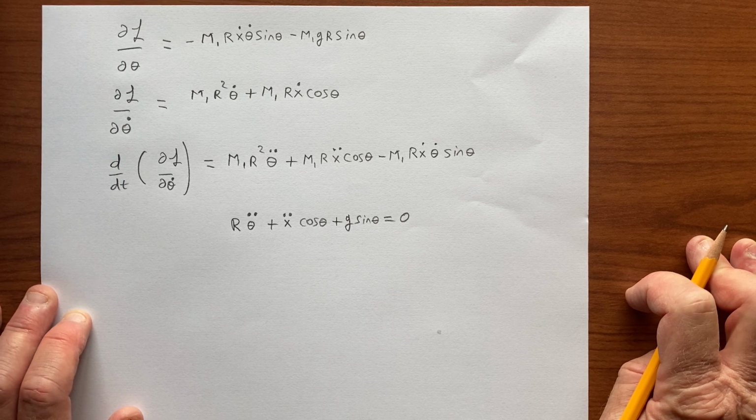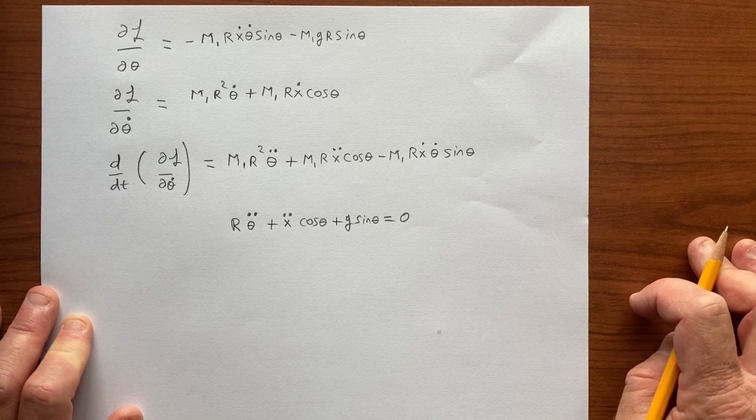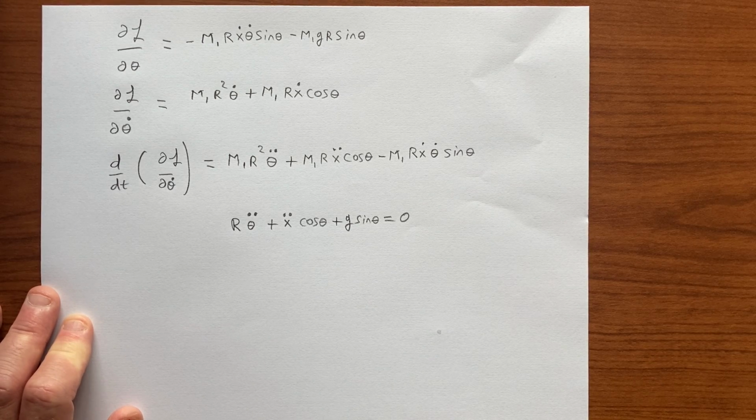When I think about trying to get this from F equals ma, it's very difficult to do that. So the Lagrangian formalism allows us to do this in a very simple way once we can figure out the coordinates that allow us to get kinetic and potential energy.